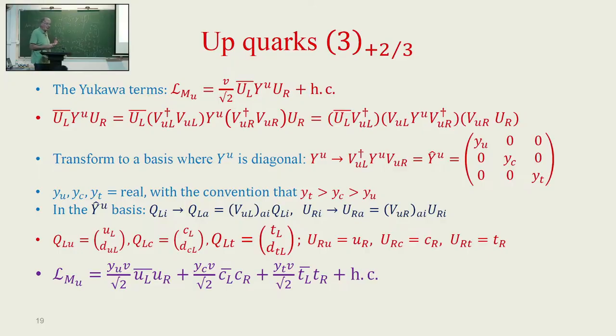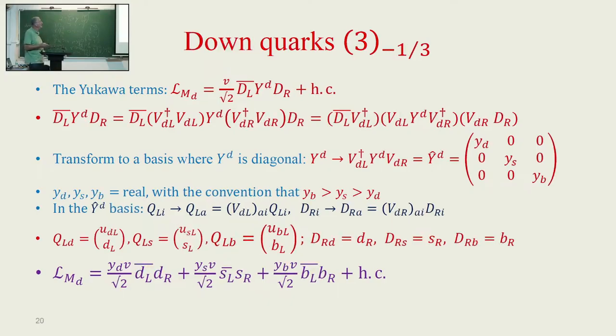These are the up-type quarks mass eigenstates. So there are three mass eigenstates with well-defined transformation property under SU3 cross U1 electromagnetism, and they are Dirac fermions. It comes from Dirac masses, all of them, and they do not have Majorana masses.